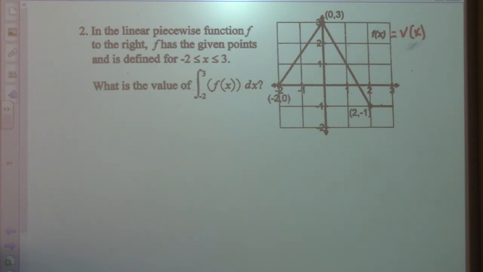Let's say this is in feet per second. What would the units be of our answer?